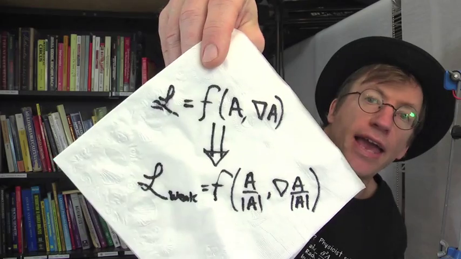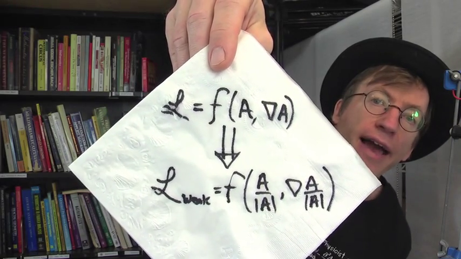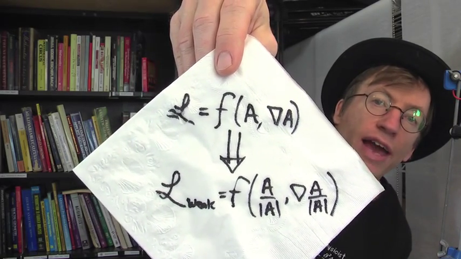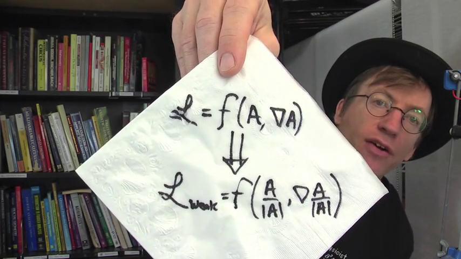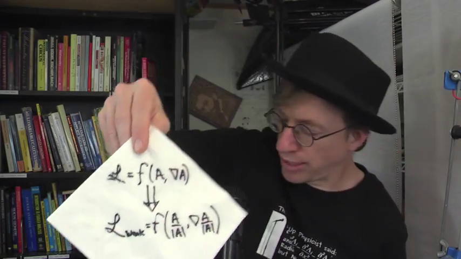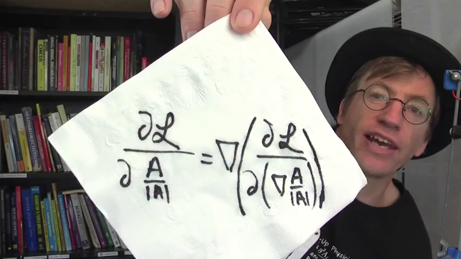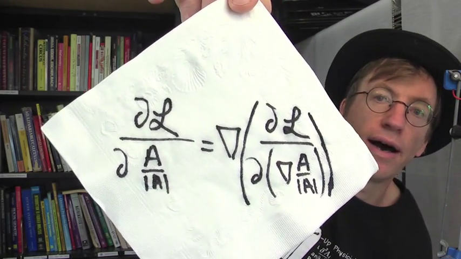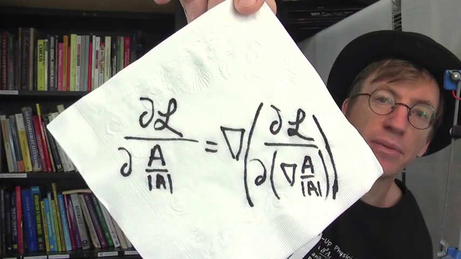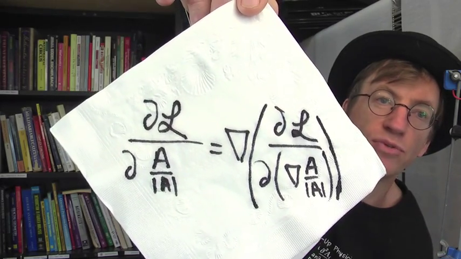If I draw it on a napkin, all I'm saying is that instead of depending on A, I depend on A over the absolute value of A. Instead of depending on the changes in A, I look at the changes in A over the absolute value of A. That's kind of cool, because we would do our 7-step derivation, which I did in that other video, and we'd end up with a law that looked awfully similar, except that we don't have A's anymore. We have A's over the absolute values of A's.